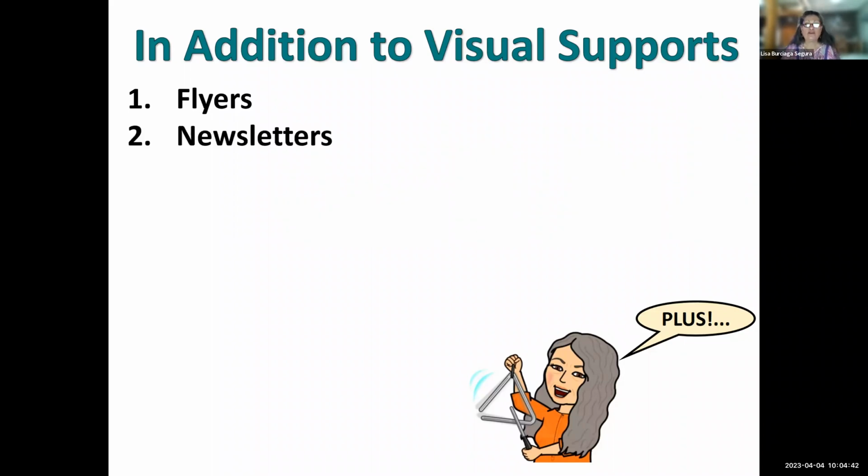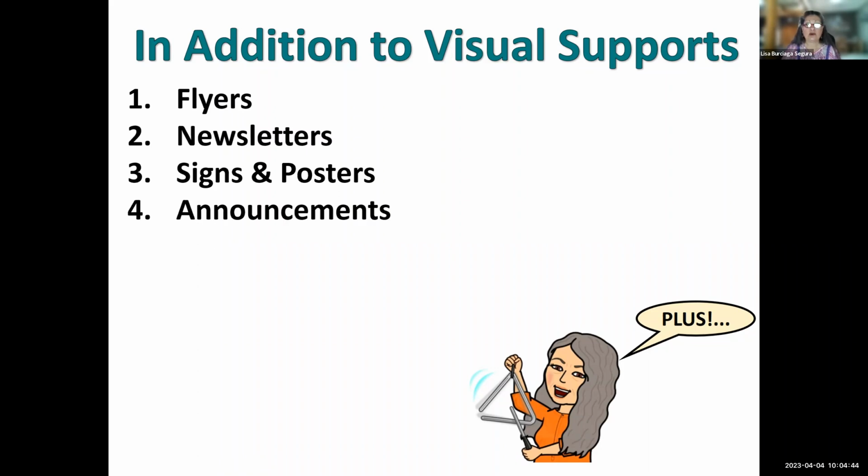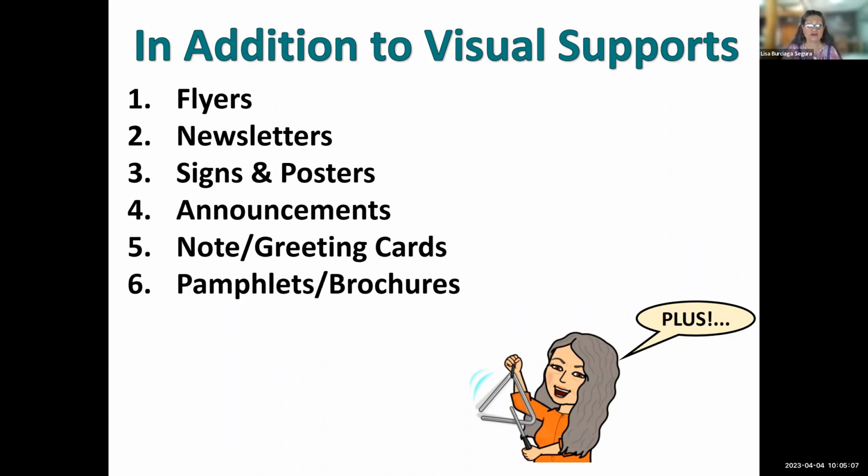So you can do flyers, newsletters, signs, and posters. That would be in the classroom too. You would create something in Publisher or another program, print it into a poster on the poster makers that most school districts, if not all school districts, have at least one of. And it can be a visual support in your classroom, not to mention a visual support for guiding families all around your school for what's happening in your school, to be placed on easels, for example.